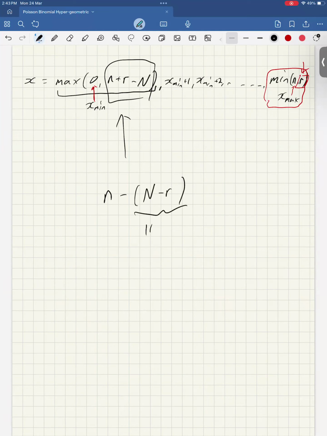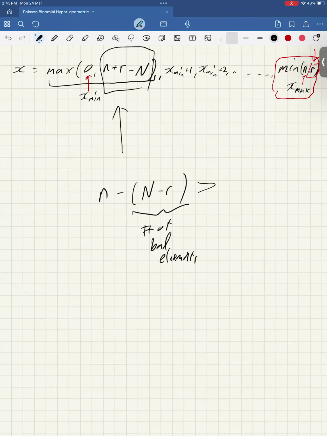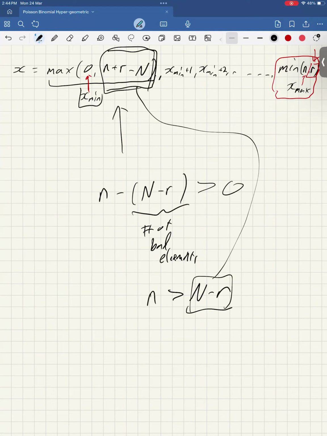So this is the number of bad elements in the population. And if this thing is greater than 0, that means that n is greater than N minus r, and that's when this lower x min would be attained by this boundary. And that's because you have to sample some bad items.